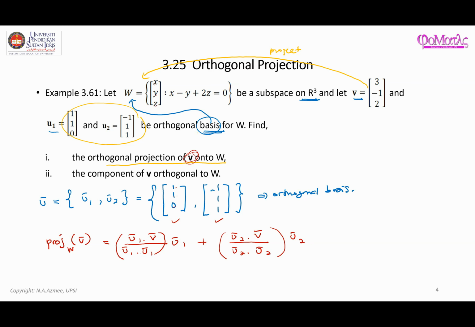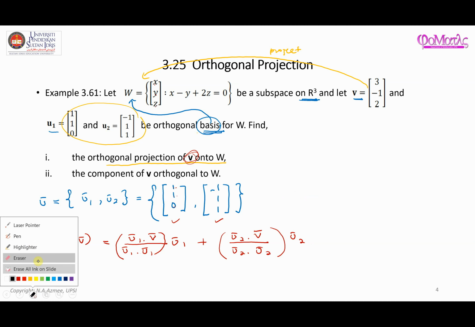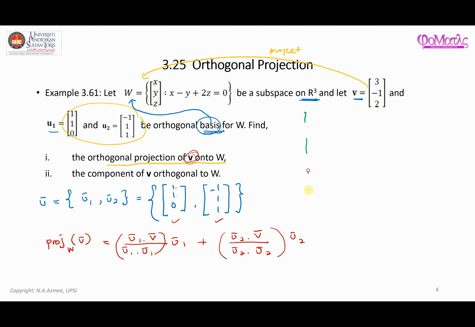Based on this, I might need some space, so I'm just going to use this space here. What I need is to calculate u1 dot product with v. u1 is 1 1 0, and v is 3 negative 1 2.